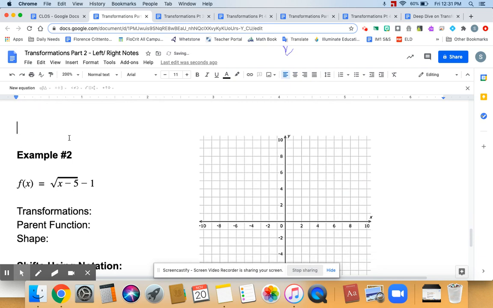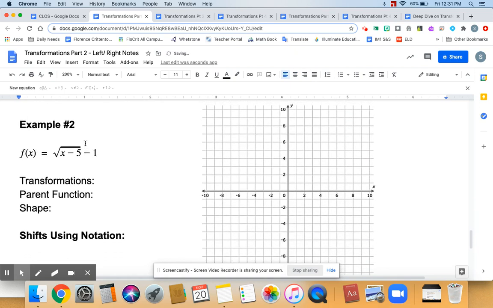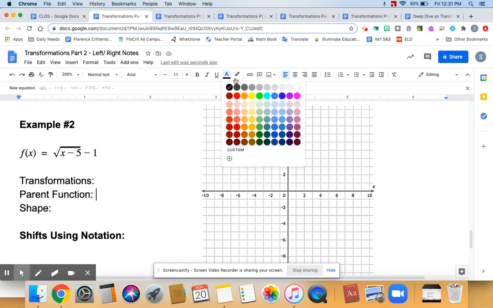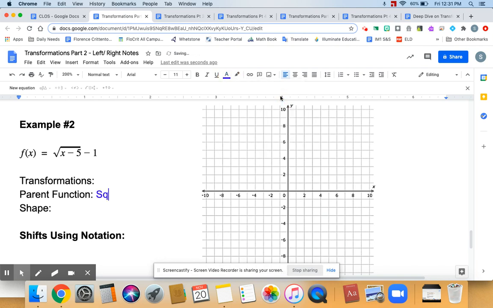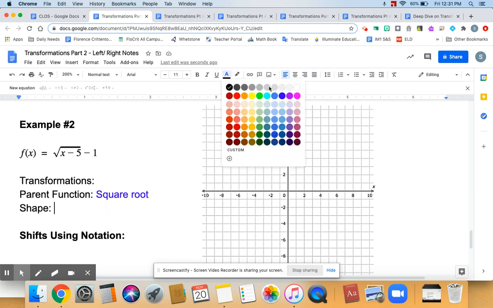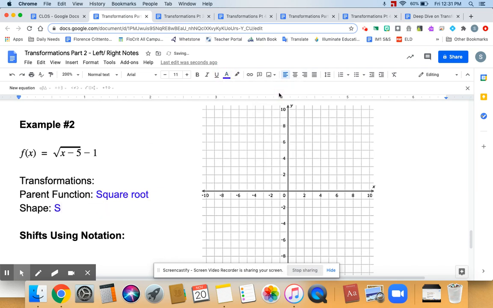So this example brings a few things together. First, what's the parent function? This one's the square root, because that's what that little symbol means right here, a square root. And what shape does the square root graph make? Remember, it's kind of the top half of a sideways U. And then what are the transformations that you see here?